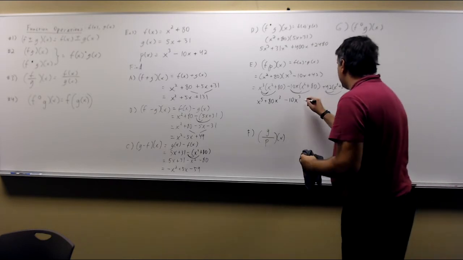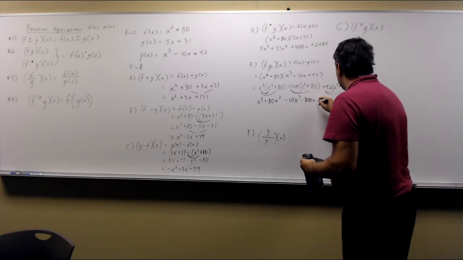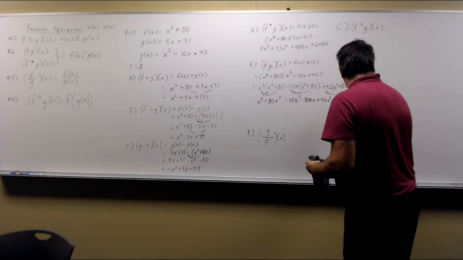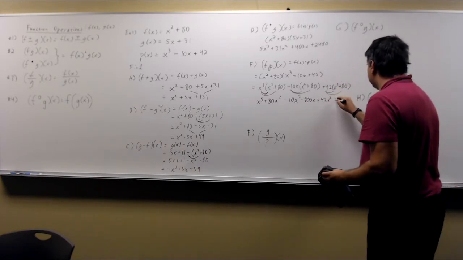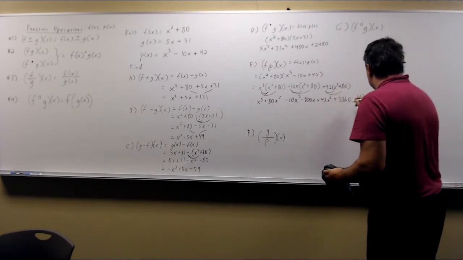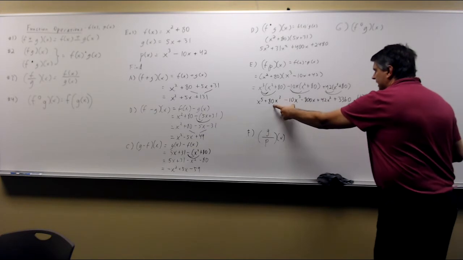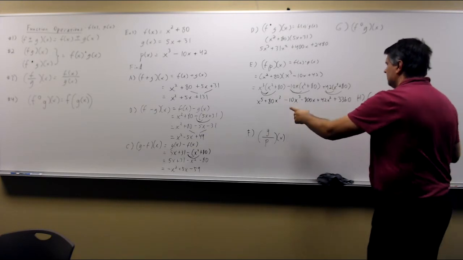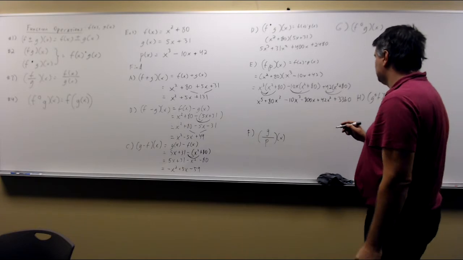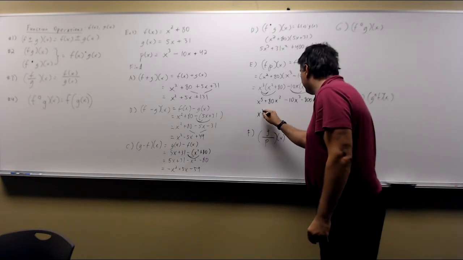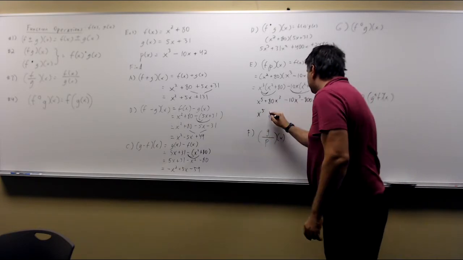So minus 800x plus 42x squared plus 3360. All right, so I have like terms here ready to be combined. So that's going to be x to the fifth plus 70x squared.